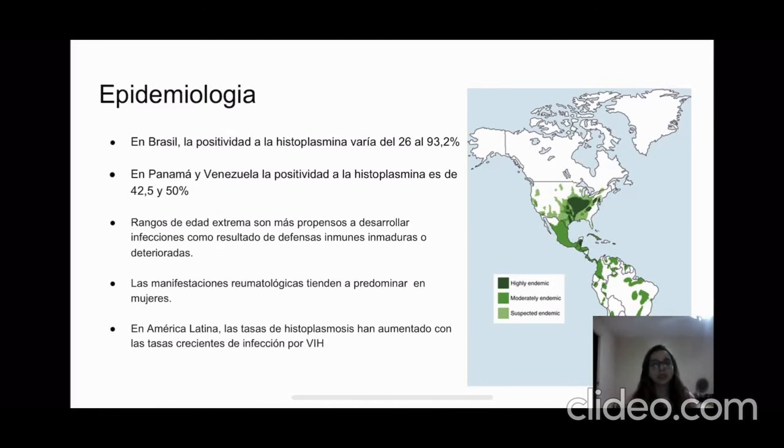In Brazil, histoplasmosis positivity is from 26 to 93.2%. In Panama and Venezuela it is from 42.5 to 50%, and Mexico is considered to have the highest prevalence of systemic mycosis.